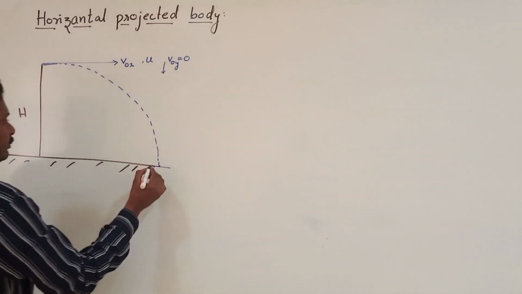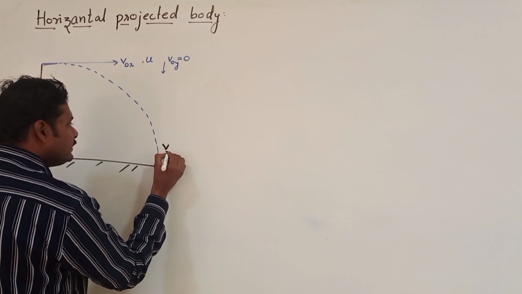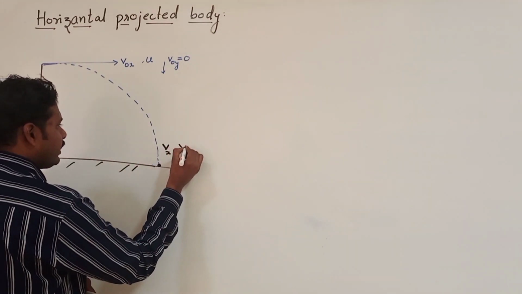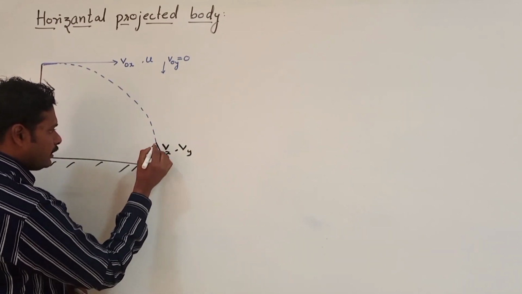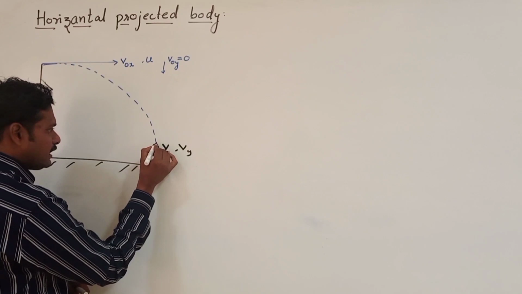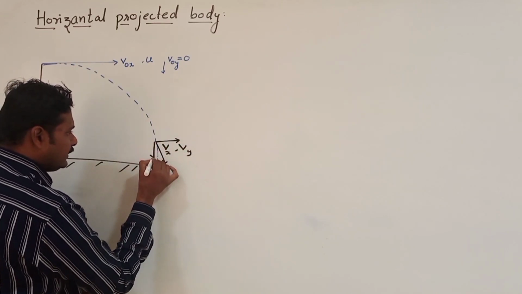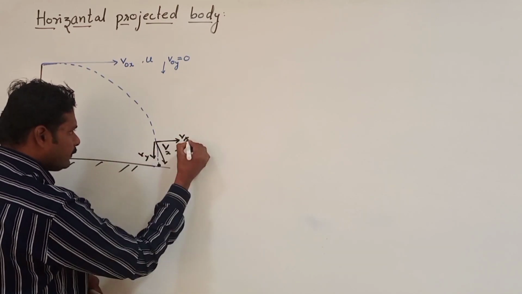And the moment it hits the ground, the component of velocity x is present and the component of velocity y is present. See, this is an instantaneous velocity, and these are called vx and vy.